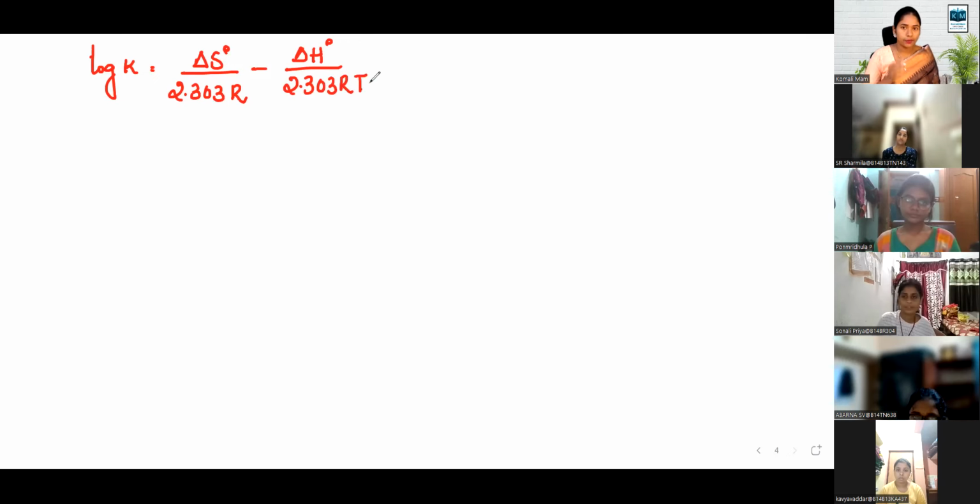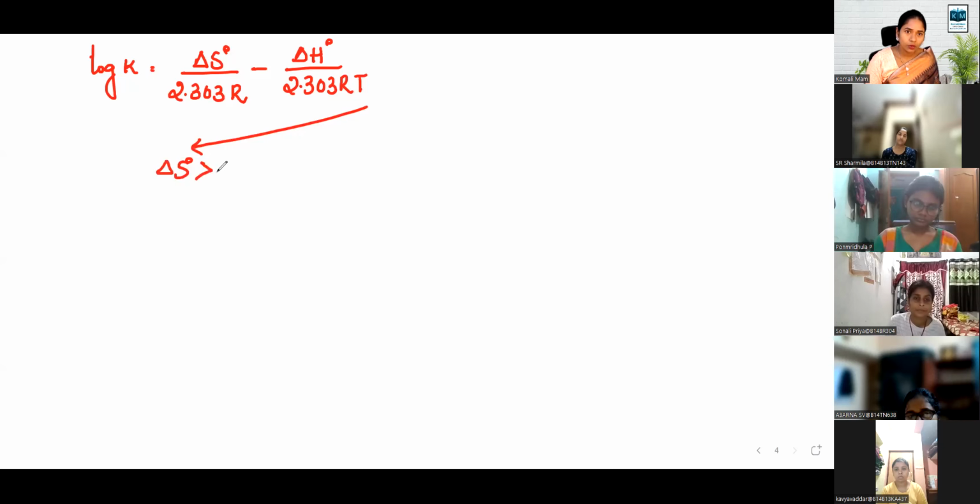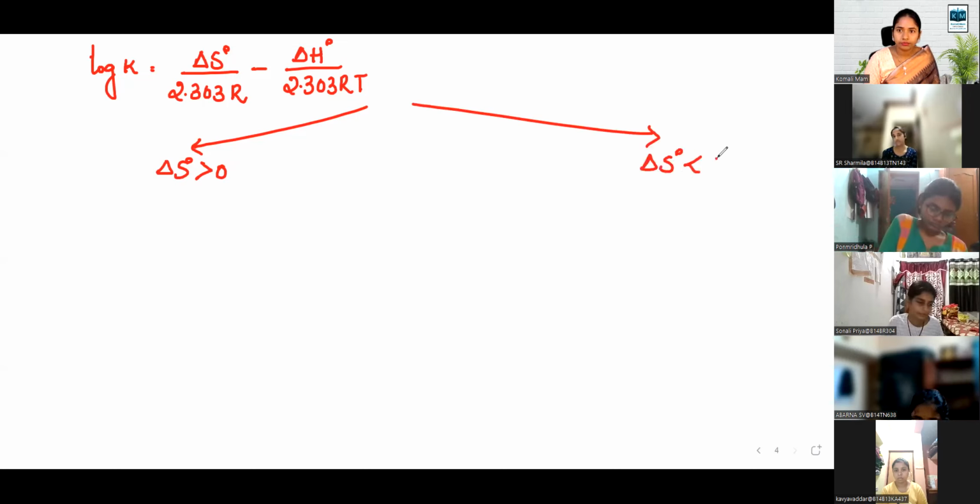Am I right? Now, here I'm going to discuss two conditions. Let's see those two conditions: delta S naught greater than 0, and delta S naught less than 0. What is the meaning of delta S naught greater than 0?